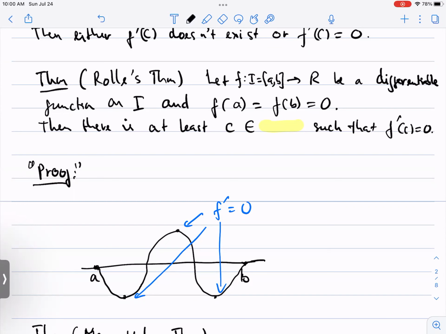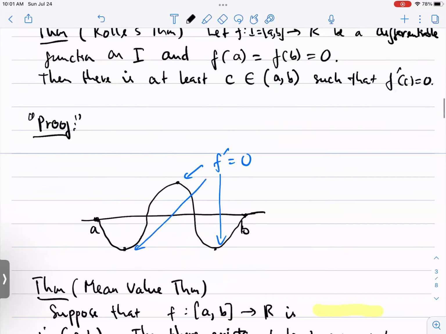Then there is at least one C inside this interval from A to B such that f prime of C is equal to 0.